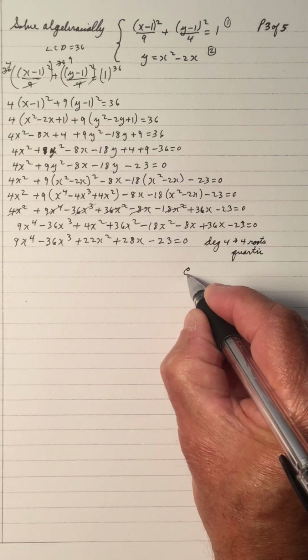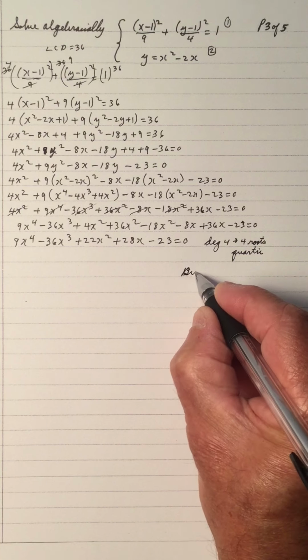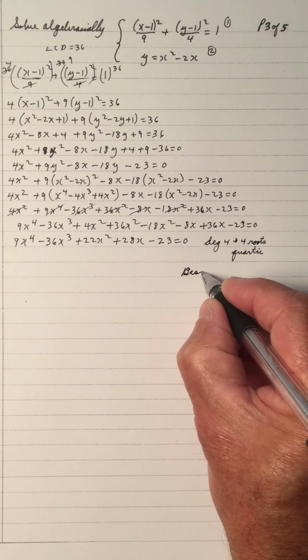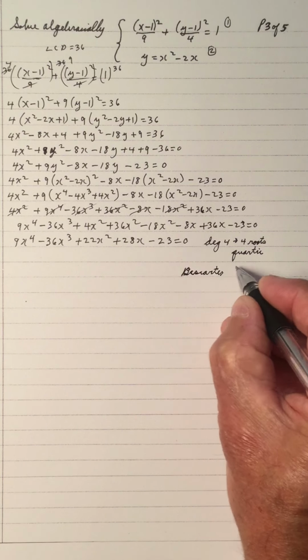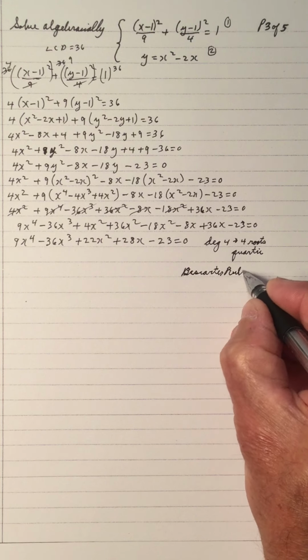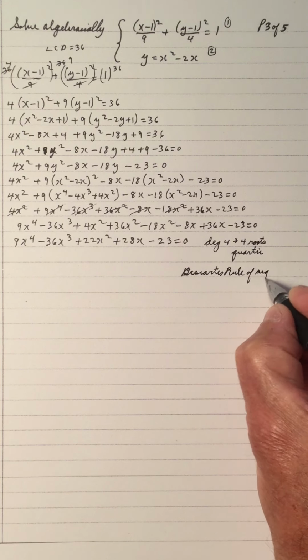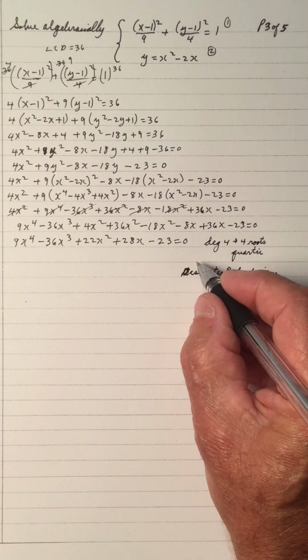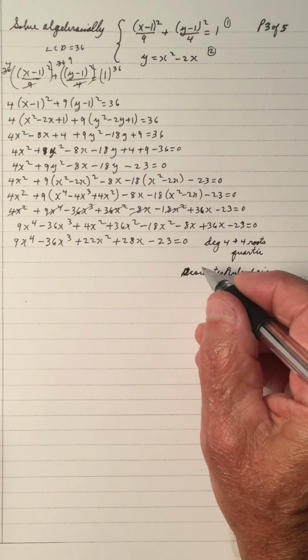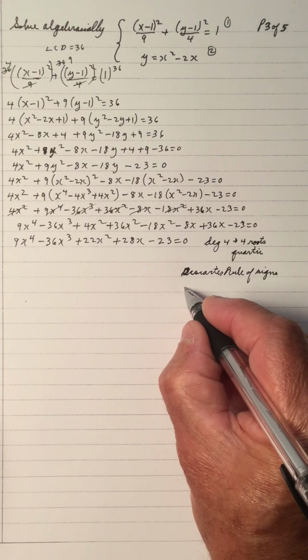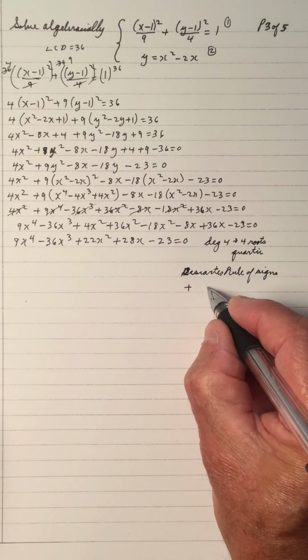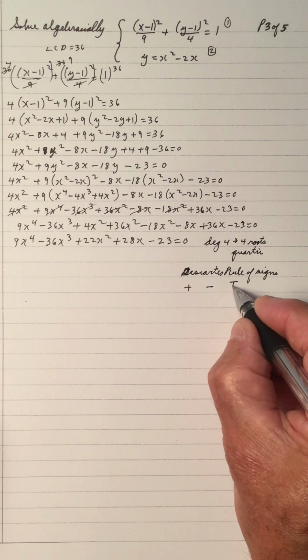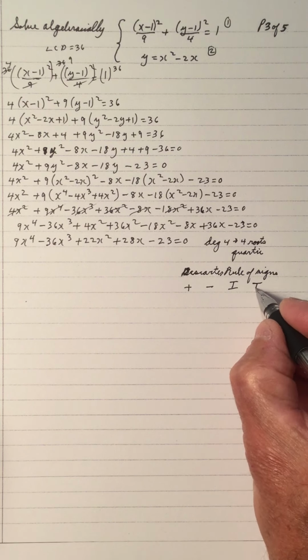So I'm going to look at Descartes' rule of signs. So that's the positive and negative roots, real roots, imaginary roots, etc. So we have positive real roots, negative real roots, imaginary roots, and a total number.